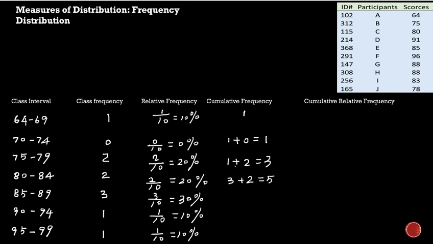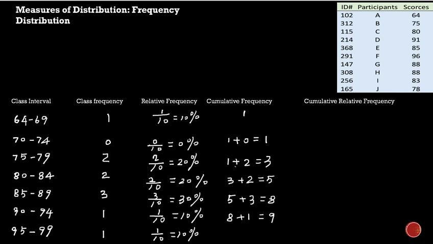So for these categories, cumulative frequency is 5 plus 3, 8. The next one is equal to the previous one plus the next one's frequency. 8 plus 1 equals 9.